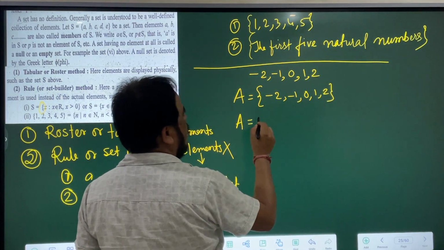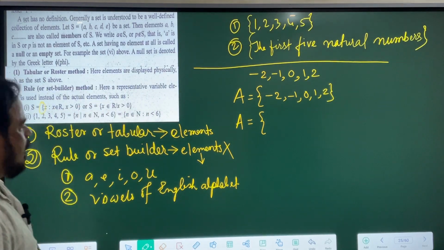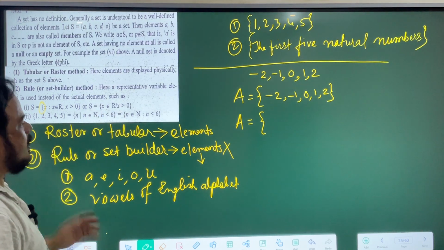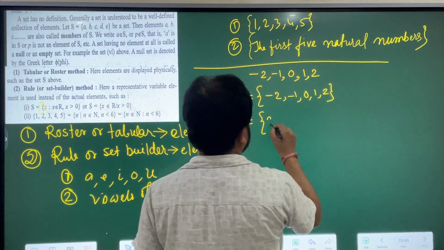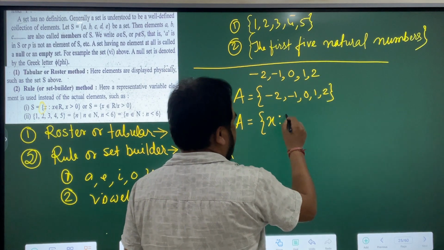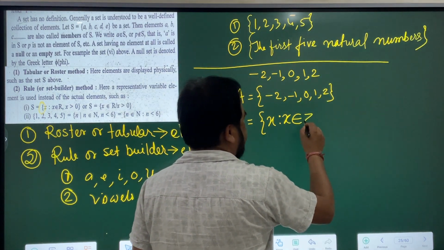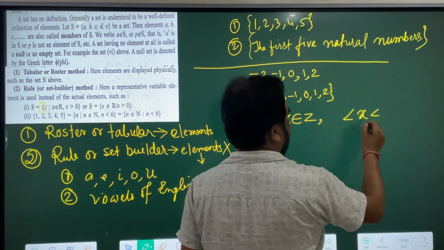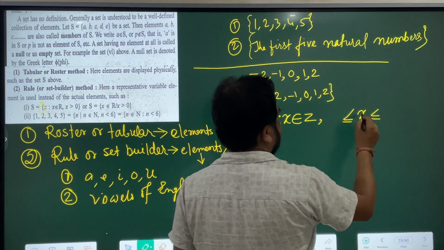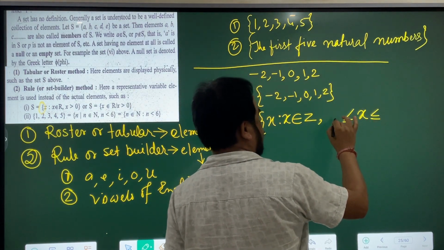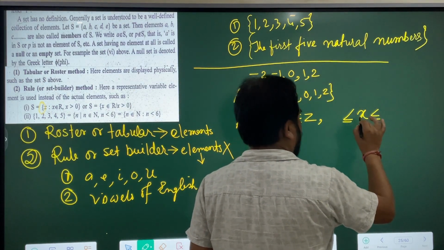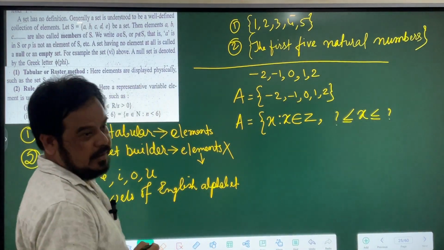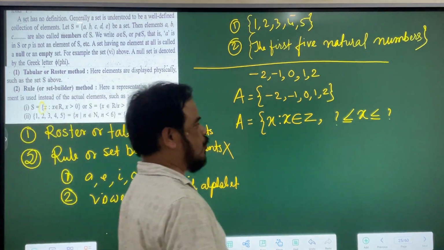The same set we will now write in rule method. How do we write? There are so many processes. We can write x such that x belongs to Z, comma, x is greater than what, and x is smaller than what. That is what we have to write here. That I already explained in previous videos, how to write.